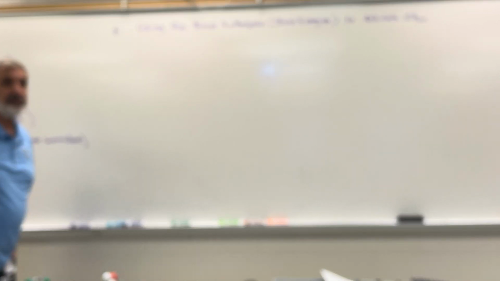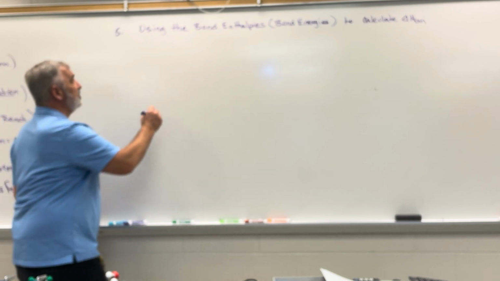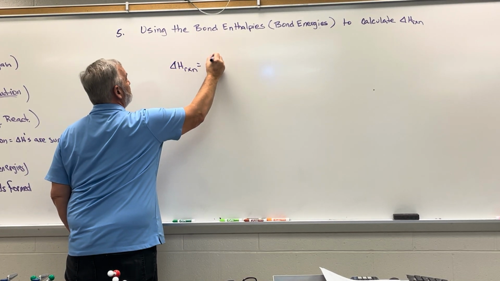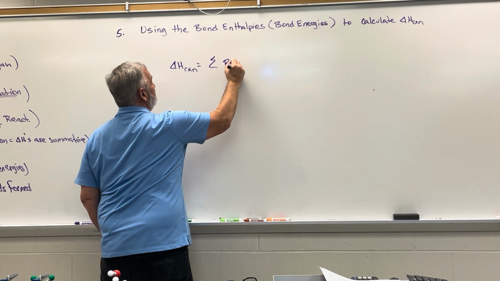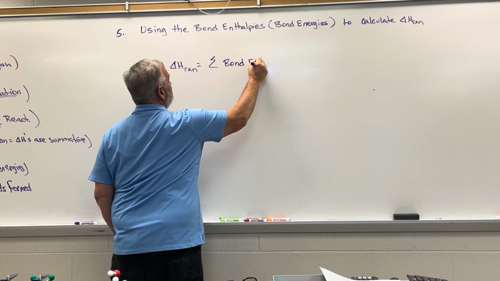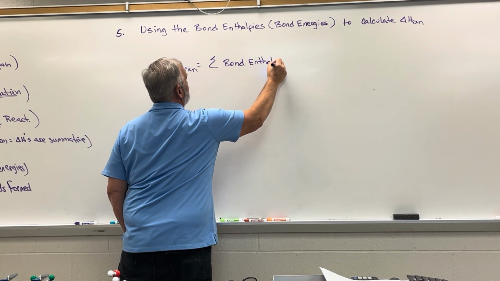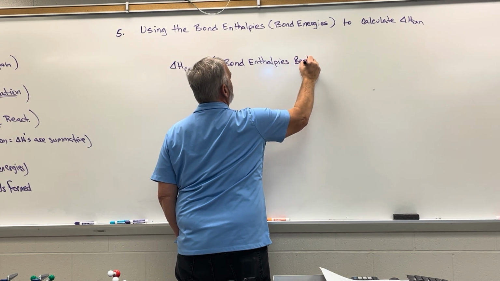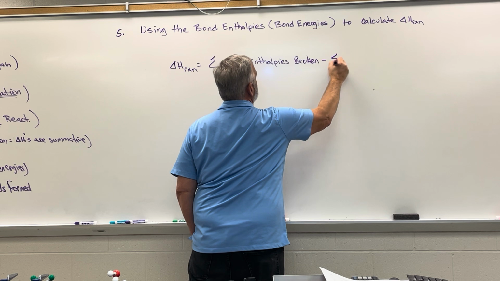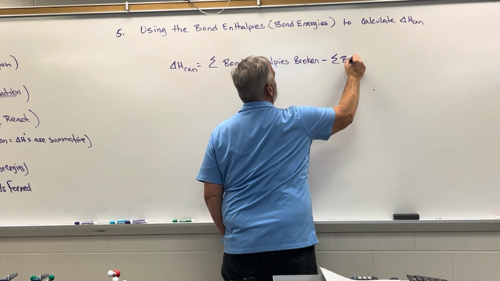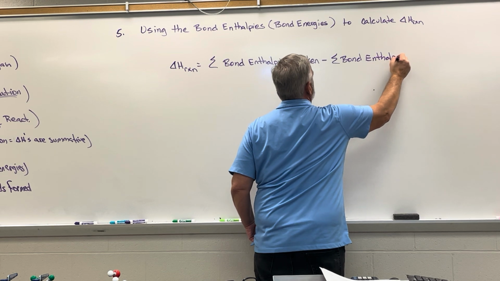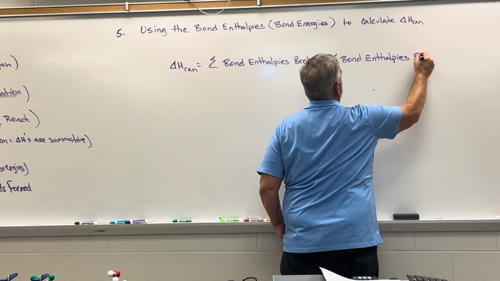Now, in this problem, we're going to use the delta H of a reaction is equal to the sum of your bond enthalpies broken minus the sum of bond enthalpies formed.